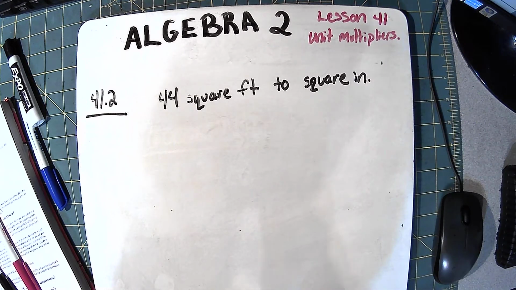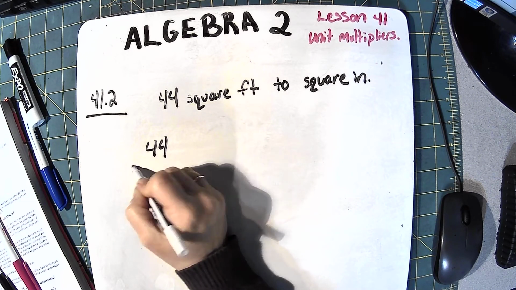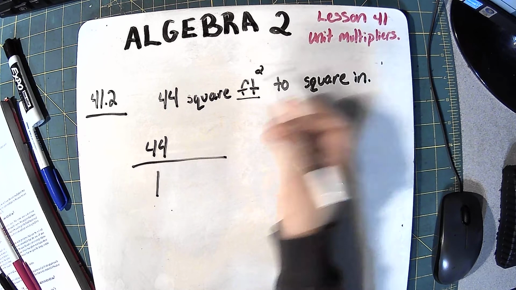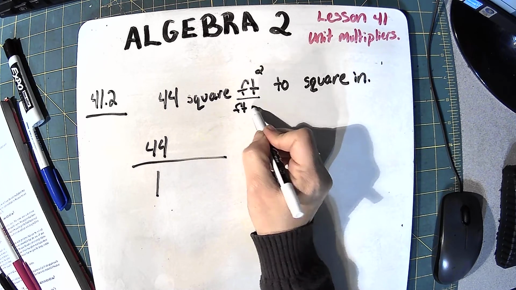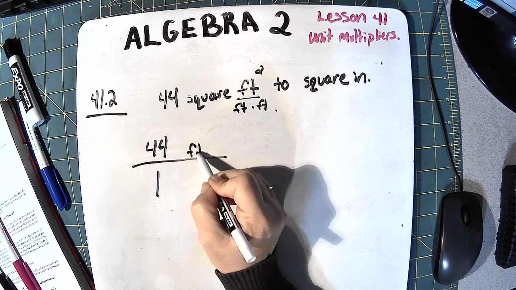Okay, so to do this one, it's a little bit different. We're going to write our 44 over 1, but we have square feet. That means feet squared, and that really means feet times feet. Okay, so we're going to have to put feet twice.